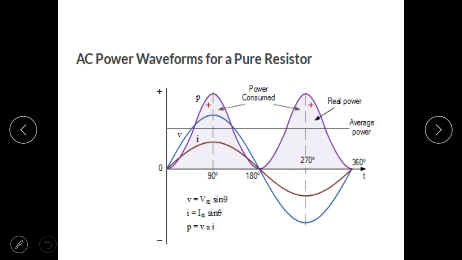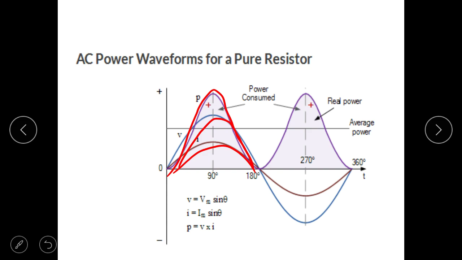Now the waveform for power is shown in the figure here. This waveform represents voltage, this is current. Power is the product of voltage and current. And cos theta is equal to 1, which means the power factor is 1.